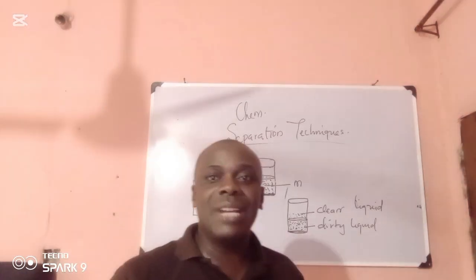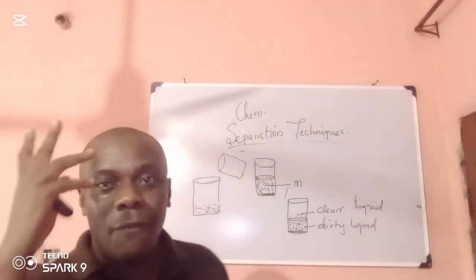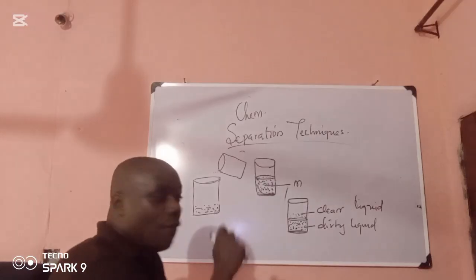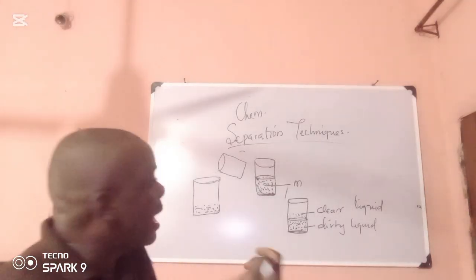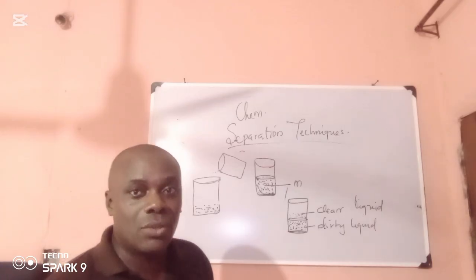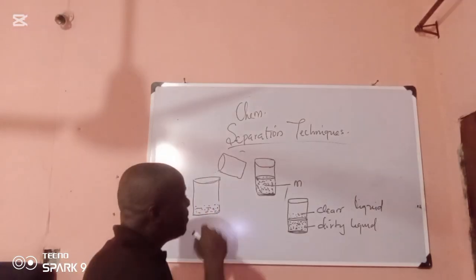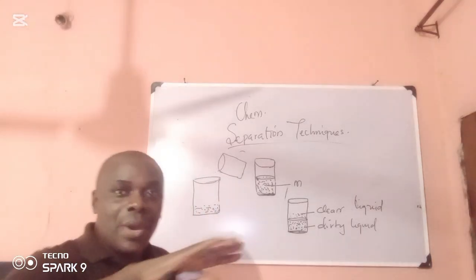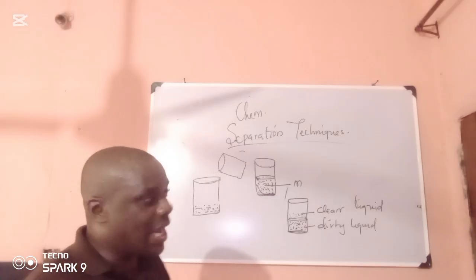Because what you are doing is separating the clean one from the dirty one of a mixture of water and dirty soil, maybe soil samples or soil particles that were dissolved. And you see that during dissolving, it will form a cloudy liquid.